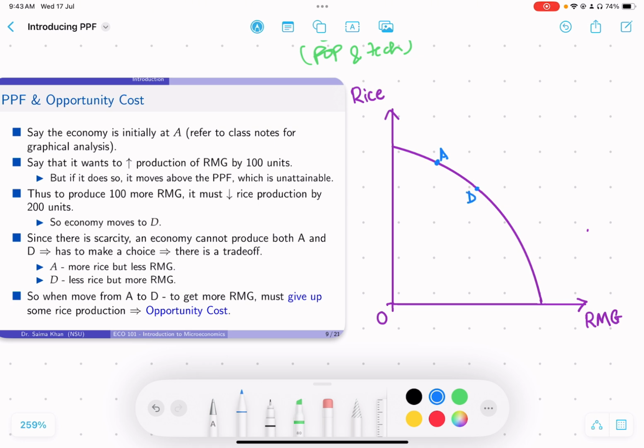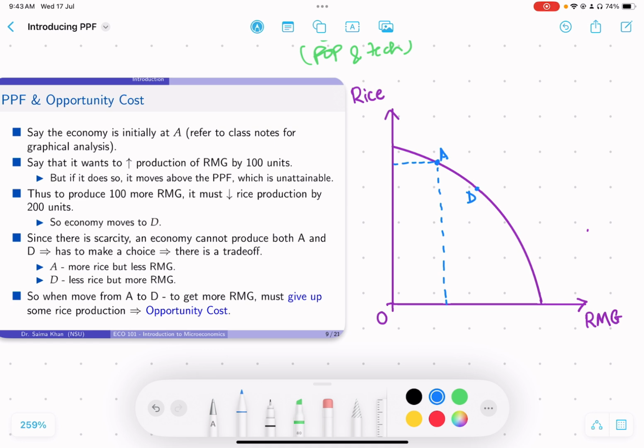Okay. So let's say that the economy is initially here. Being at A essentially means that it's producing this combination, it's utilizing all of its resources, and that's why it's on the PPF. And let's say it's just producing this combination of rice and RMG.